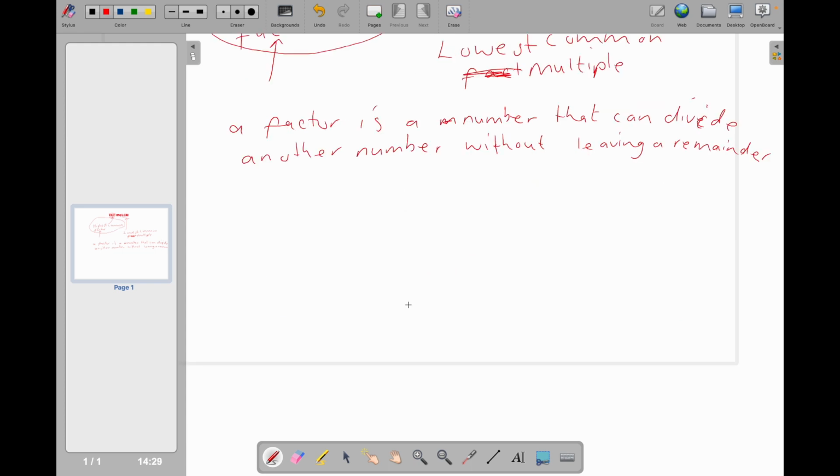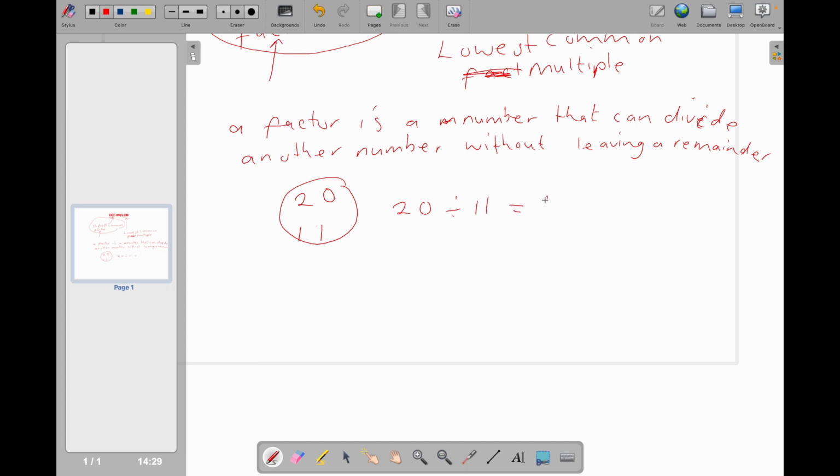And what do we mean by this? Let's take, for example, we have 20. Let's take 11, 20 and 11 together. And let's say 20 divided by 11. What's the answer here?